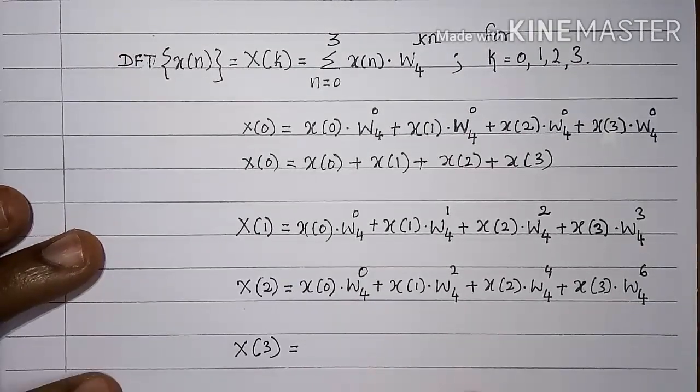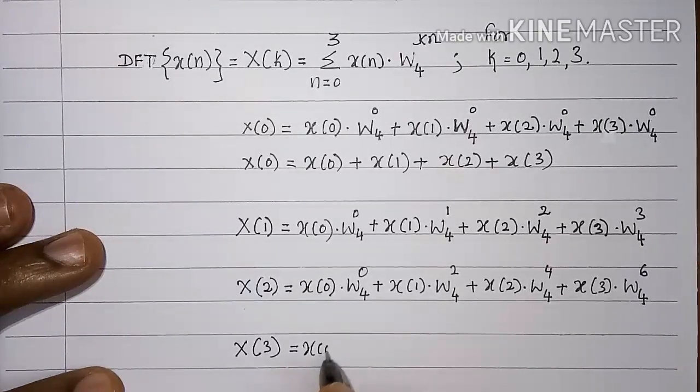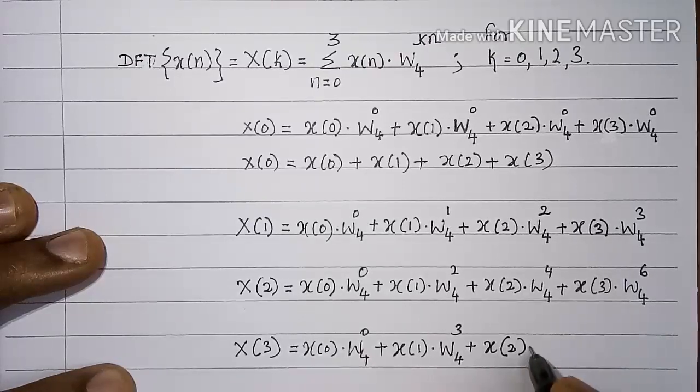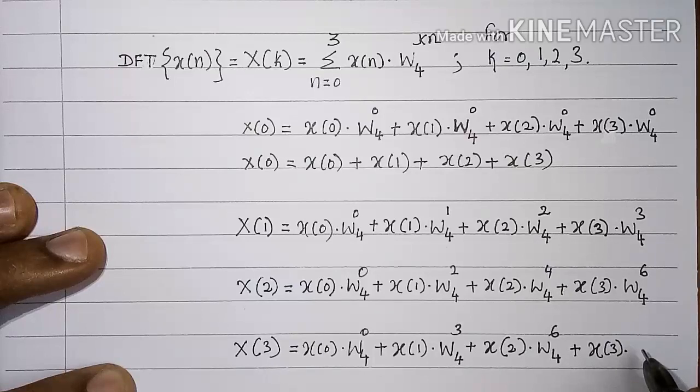Last coefficient of the 4-point DFT, x of 3, is x of 0 into W4 raised to 0 plus x of 1 into W4 raised to 3 plus x of 2 into W4 raised to 6 plus x of 3 into W4 raised to 9.